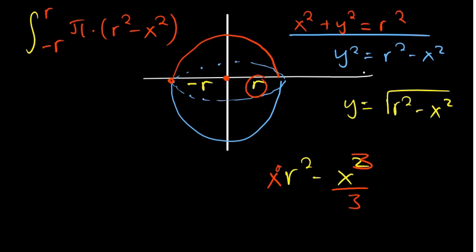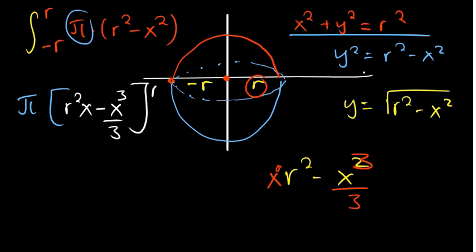So therefore, pi can be put out as a constant. So what we have is pi, and then we're remaining with what? After integration we have r squared x minus x to the power 3 over 3, and then the limits are r and negative r respectively. So now at that point we can plug in.